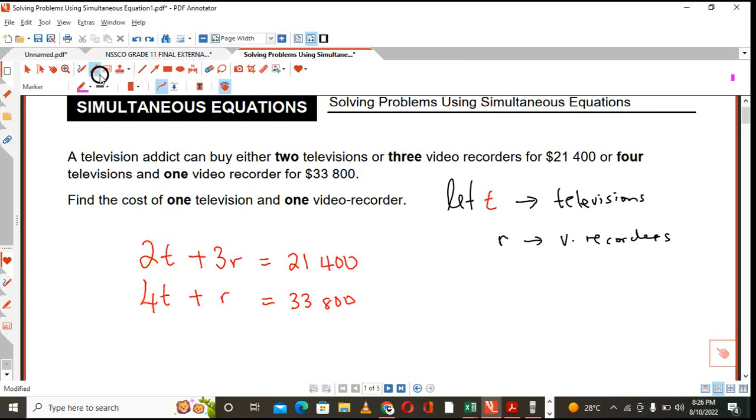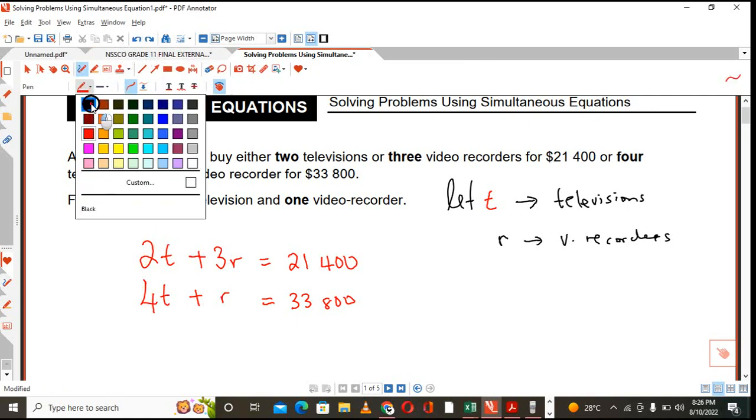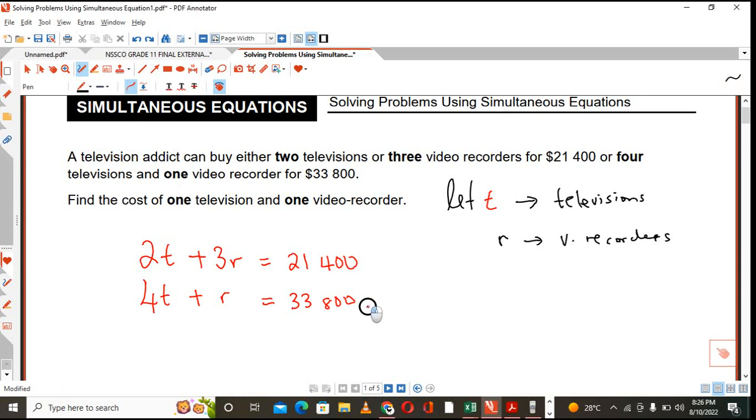So I'm going to make the coefficients of R the same. If I decide this is my equation B and that is my equation A, I'm going to multiply equation B throughout by 3, and the other equation will remain like that because it's just multiplied by 1.